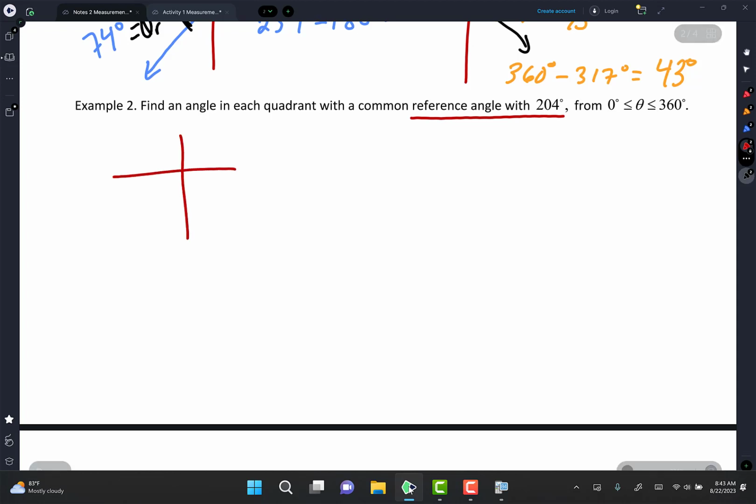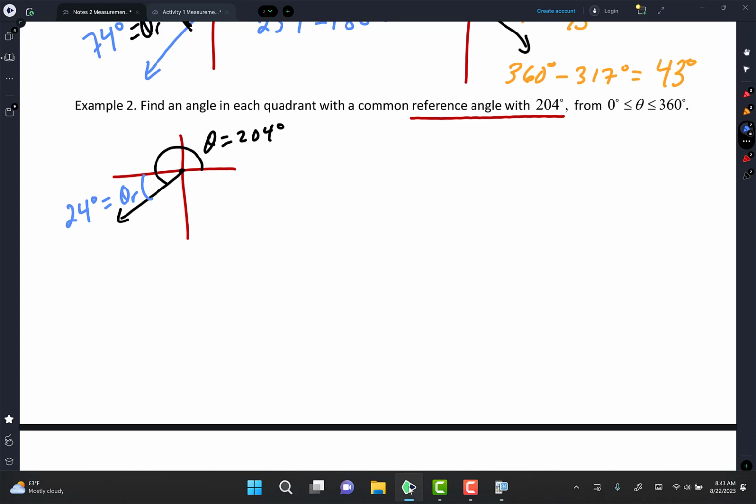The 3rd. So you're somewhere like right there. That is 204 degrees. My reference angle is this one right here in sky blue. So I'm going to subtract 180 from it. So 204 minus 180, I believe that is 24 degrees. So that's my reference angle.